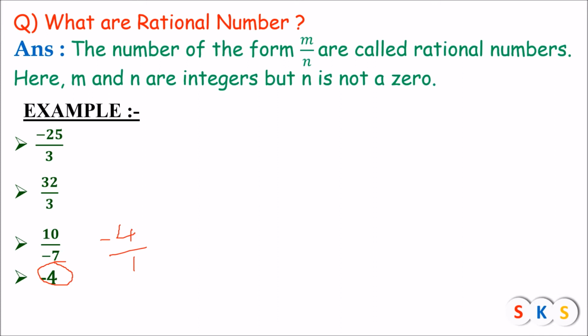Now you can see it is a fraction, and the numerator is minus 4, which is an integer, and the denominator is 1, which is also an integer. That means the numerator and denominator are integers and the denominator is not 0. Hence minus 4 is an example of a rational number. Similarly 0 is also a rational number.